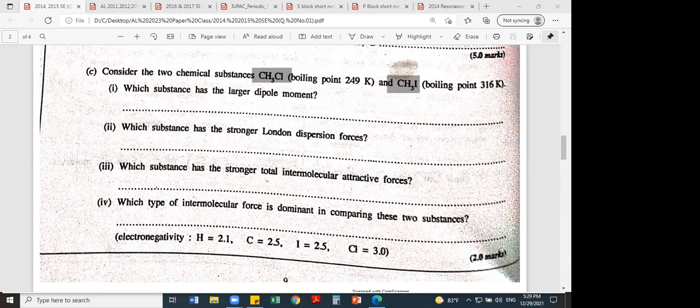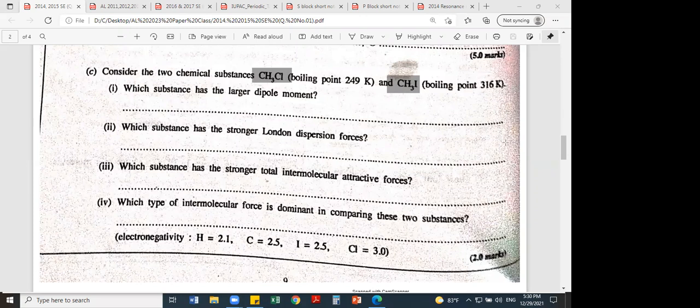The CH3 part is common to both, so what is the difference between chlorine and iodine? Iodine's relative atomic mass is greater than chlorine, therefore that molecule becomes definitely heavier. Which is the heavier, larger molecule? CH3I. It's common sense.